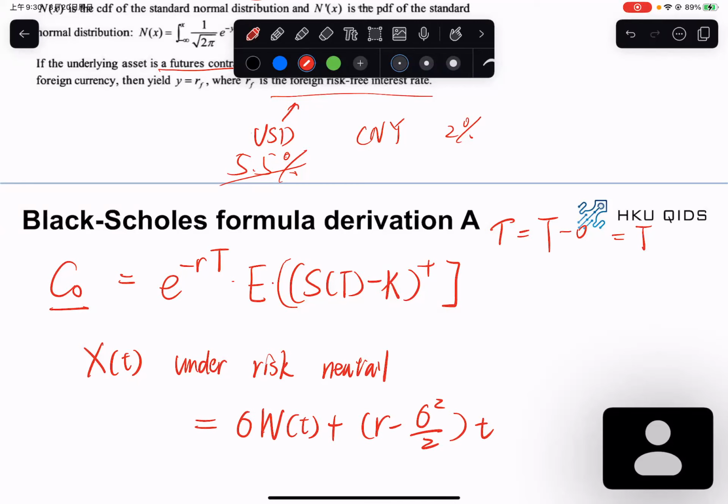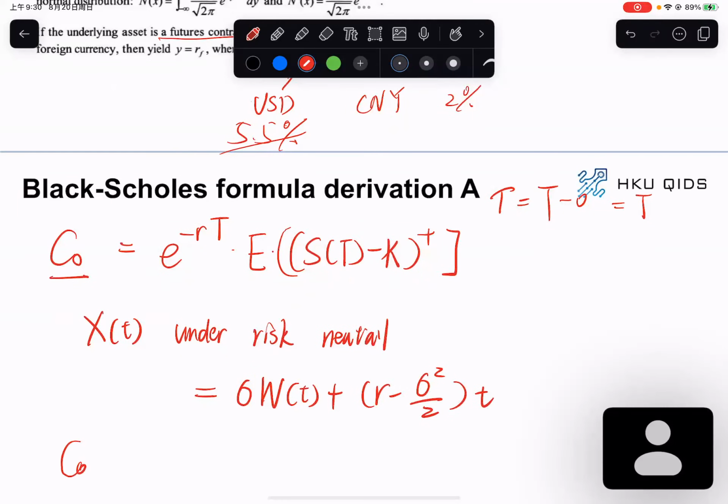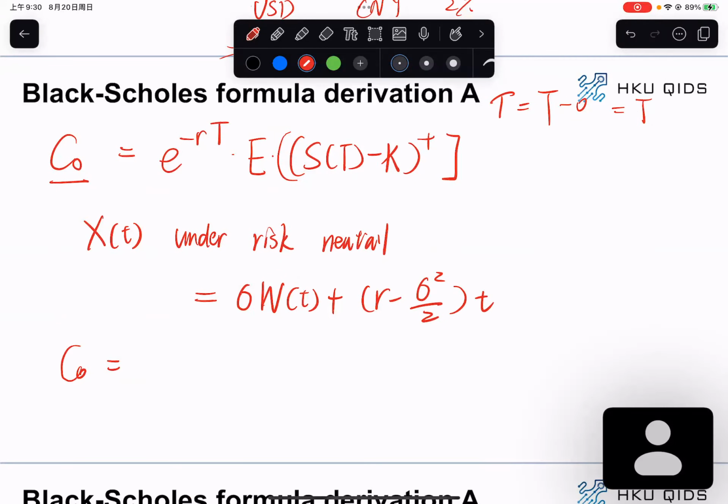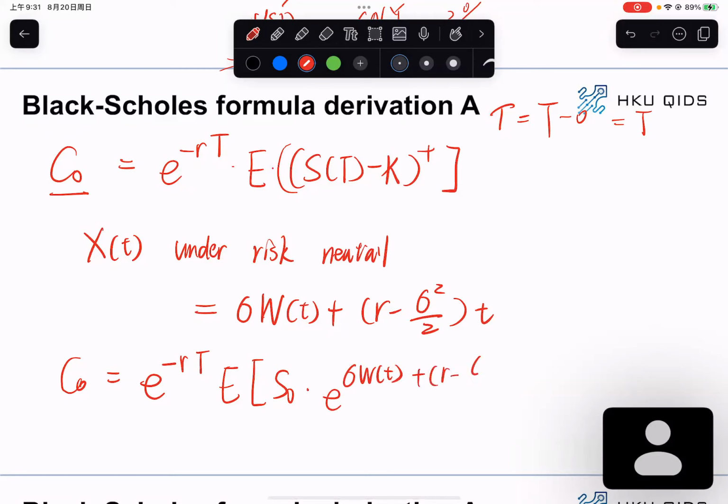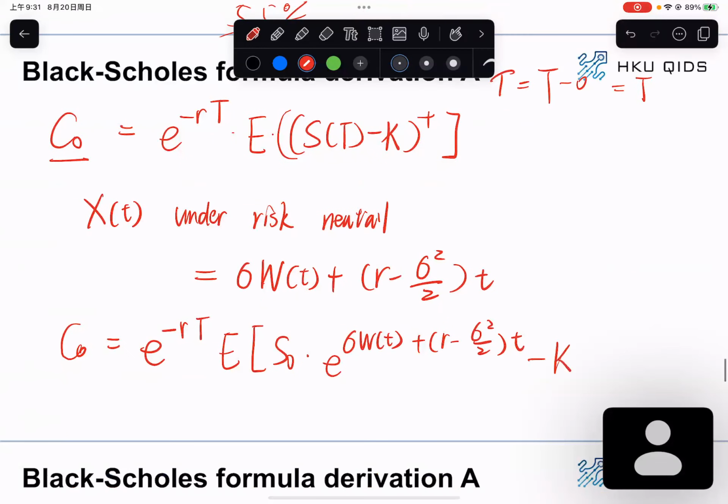And then it follows that C0 is just going to be e negative rT times the expectation of S0 e to the sigma WT plus r minus sigma square over 2 T, minus K, right? And this should be non-negative.